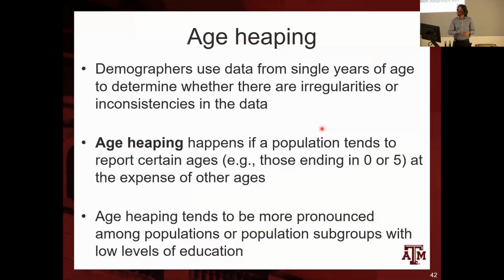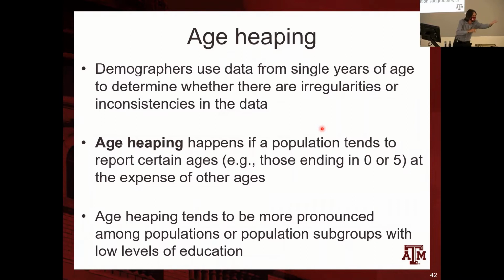Cool. The next subtopic of this chapter is pretty much a discussion about methods. Whenever we ask people in a questionnaire about their age, some people might not report their age exactly how old they are at this moment. They report in an incorrect manner. So demographers came up with a technique to try to understand the quality of the data related to the age of people.